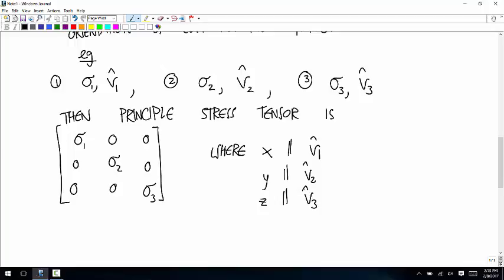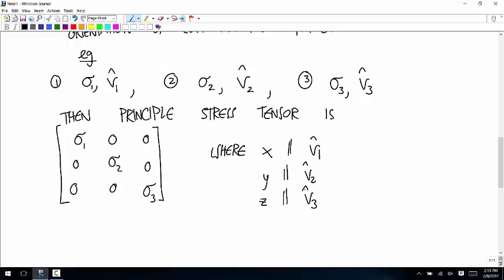What if you don't want your x to be parallel to v1? You know, the calculator just spits out these pairs in any order. What if, for some aesthetic reason or whatever, you want your x-axis to be parallel to what they're calling v3, and their y-axis parallel to v2, and the z-axis parallel to v1?